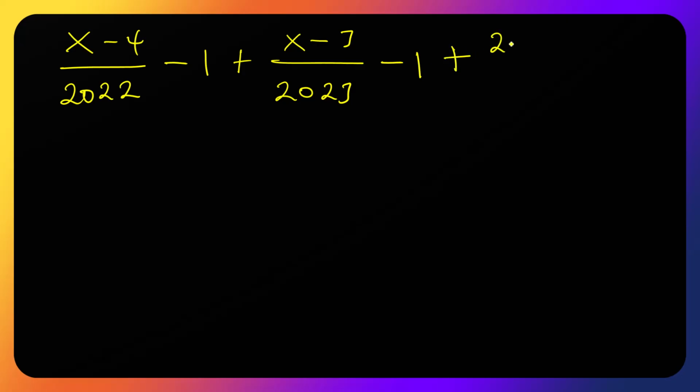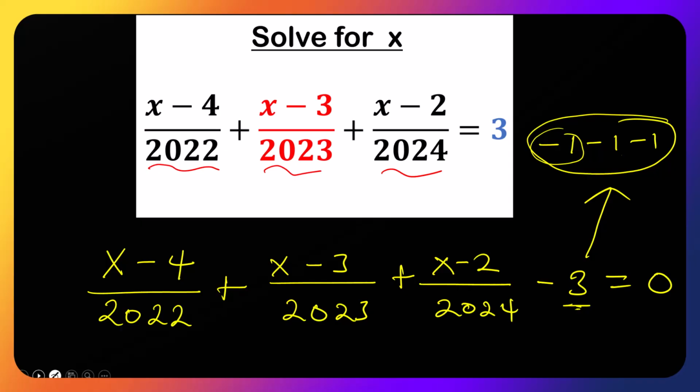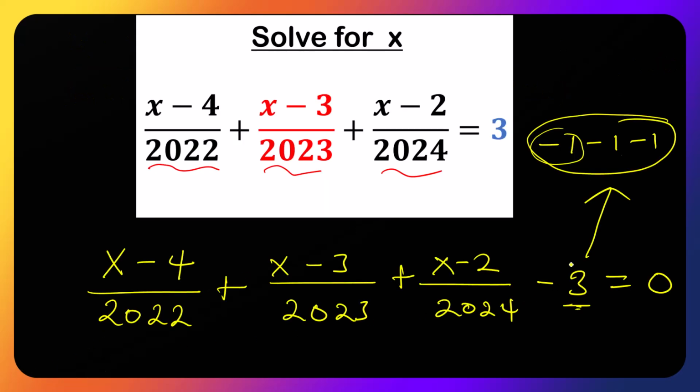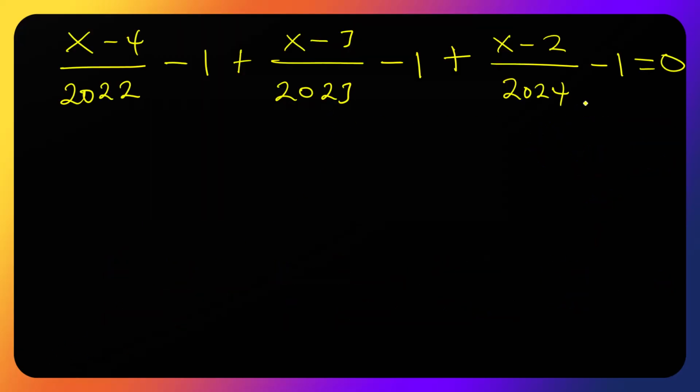Plus (x minus 2) on 2024. So that also bears the negative 1, equals 0. Now it means this minus 3 has been distributed evenly. So we have 1, 2, 3. That is minus 3.